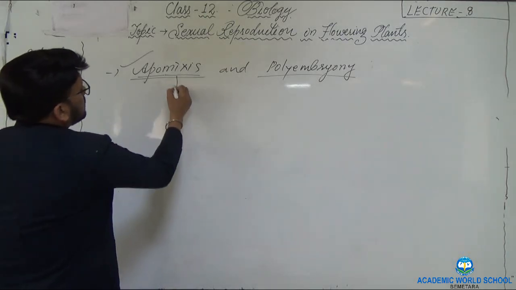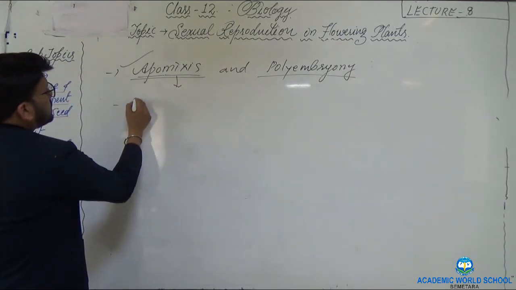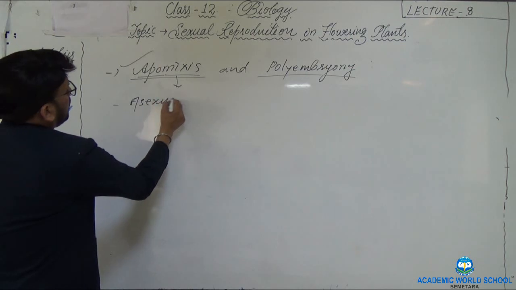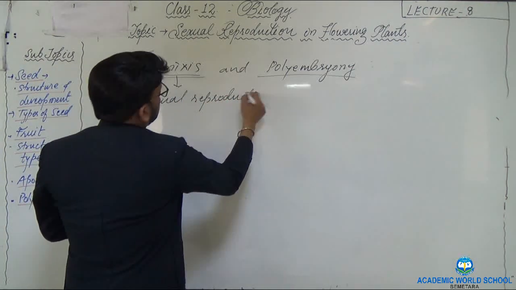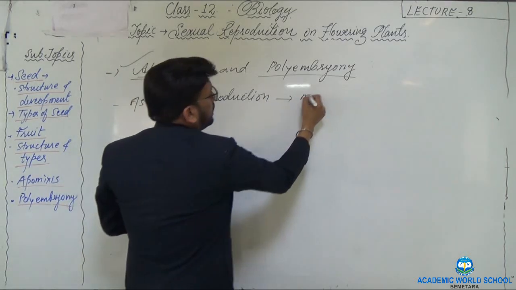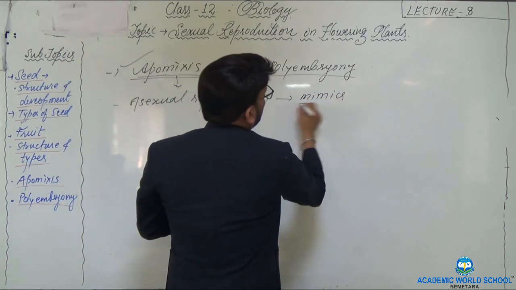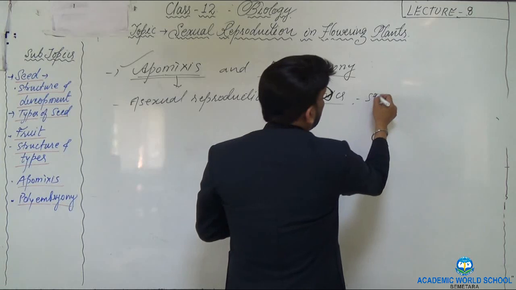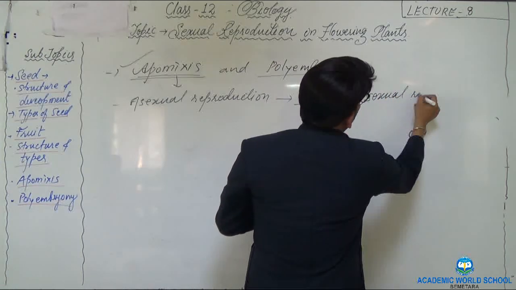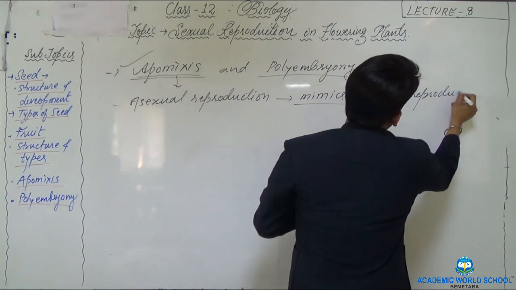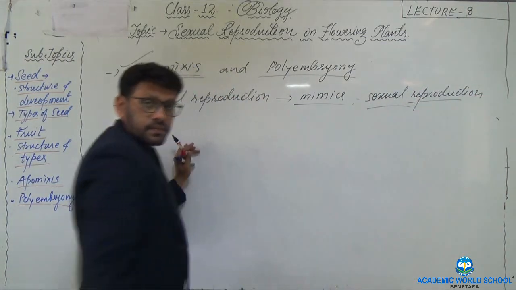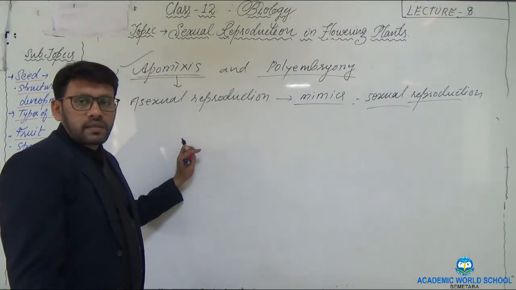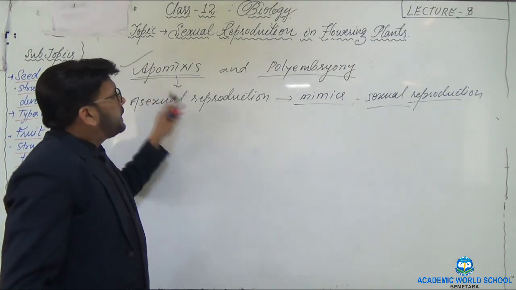So apomixis is nothing but asexual reproduction that mimics the sexual reproduction. As a result, the seeds are formed.